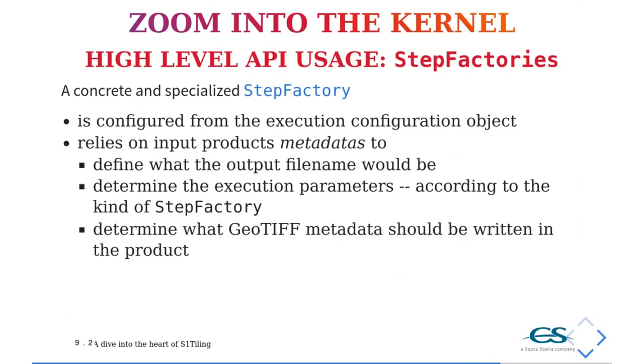This can be passed through this configuration object. And then internally, it will really work on input metadata to determine, okay, this is the name of the next file that I will produce. These are the execution parameters I will use, and also to determine the GeoTIFF metadata I will write.